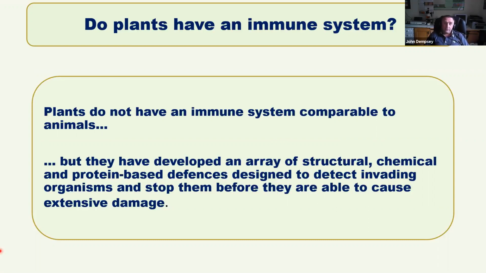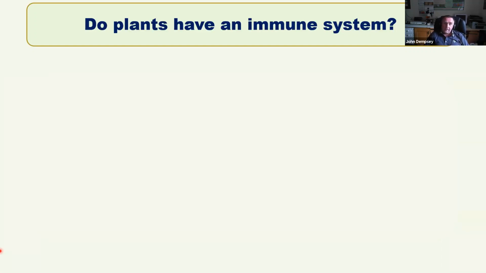Plants don't have an immune system as such, but they've evolved a very complex array of structural and chemical and protein-based defenses, and these will first of all detect the invading pathogen, and they will try to stop them, and then also signal to other parts of the plant system, and then these can become less susceptible to future infections.